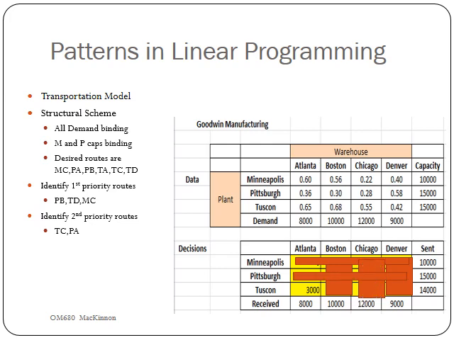That only leaves Tucson, Atlanta, so that is our only third priority route. Okay? So we identify first priority routes and second priority routes, and then third. And if it goes on from there, but typically first, second, and third are about all you get, at least with the size of the models that we're working with.